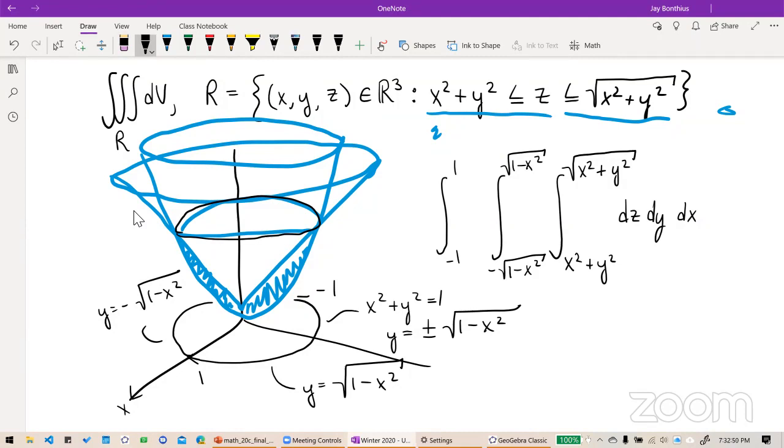If you set those equal, x squared plus y squared is equal to the square root of x squared plus y squared. That's only true if x squared plus y squared equals 1. Yeah, okay, that makes sense. So that's how we get that.